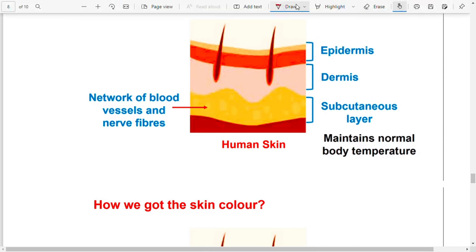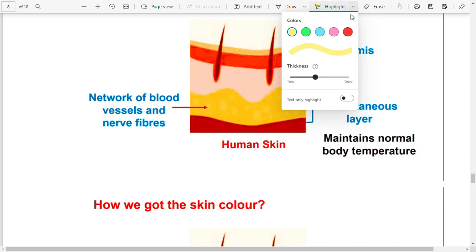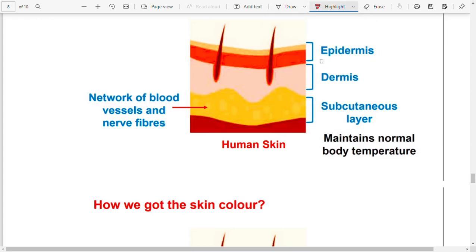Okay, now the dermis part. Let me tell you about the dermis. See, the dermis is located from this pink part to this pink part, and the full pink part is your dermis layer.